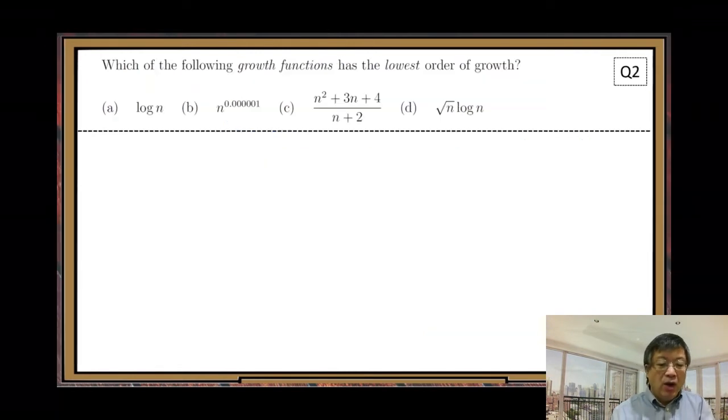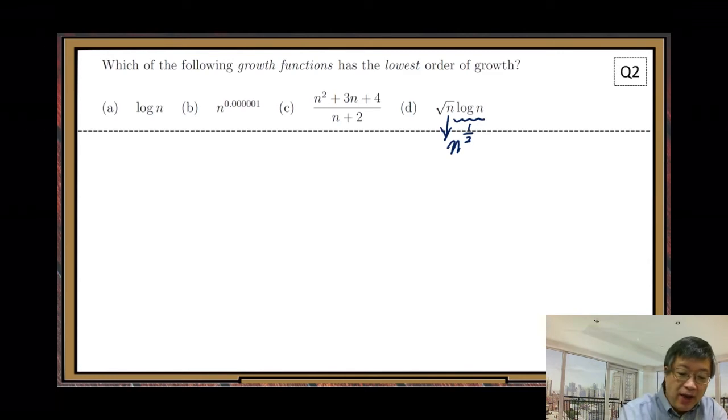Second one: which of the following growth functions has the lowest order of growth? Let us try to simplify. Before we do comparison, let's do simplification. So this part, n to the 1/2, then we need to multiply by log of n.